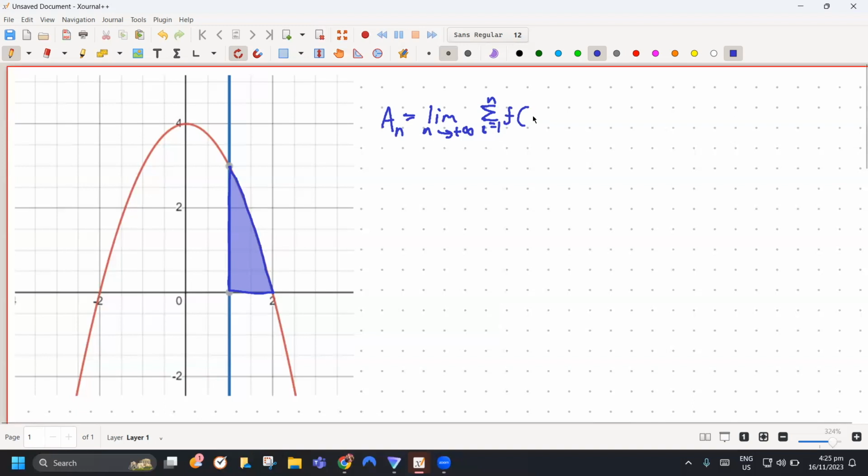Ganito, try mo kaya muna yung N equals 2. Wag ka muna sa limit.